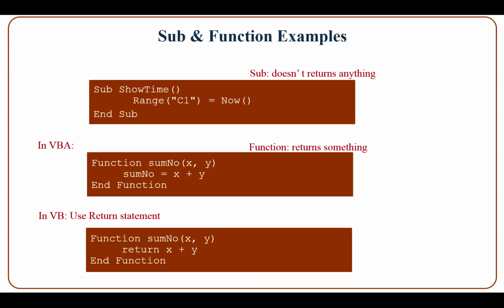In Visual Basic .NET, you use the Return statement. So for example, you return the sum of x and y, and x and y are the arguments to the function.